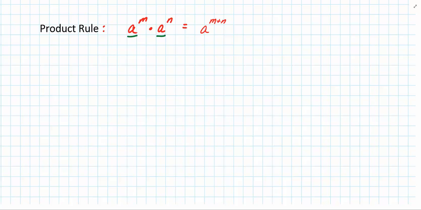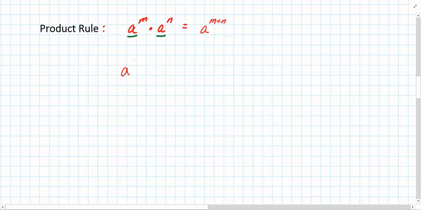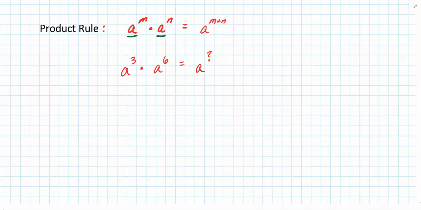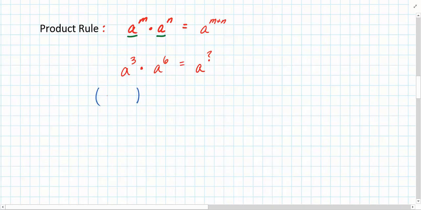Now let me show you why this rule works with a couple of examples. Let's suppose that I have a to the third power, and I'd like to multiply that with a to the sixth power. And I'd like to simplify that with a to some single power. You should recognize that a to the third power is the exact same as writing the product of a multiplied 3 times.